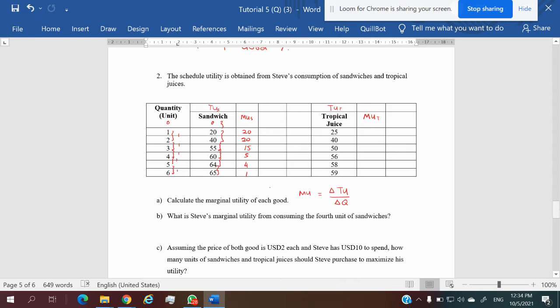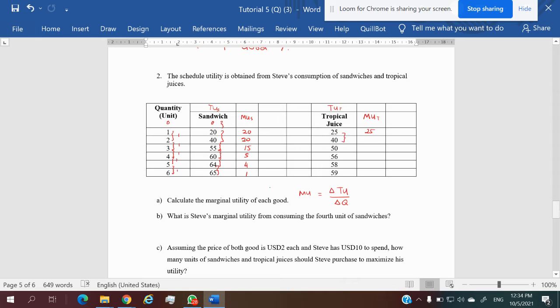Then we have the marginal utility for tropical juice. Here we start with 25, because for the same reason we assume that when the quantity of tropical juice is 0, the satisfaction level is also 0.